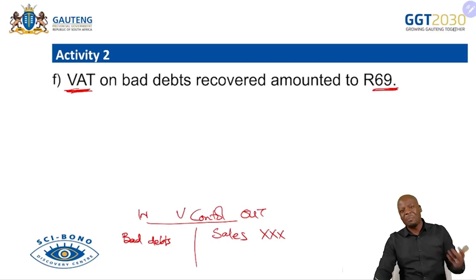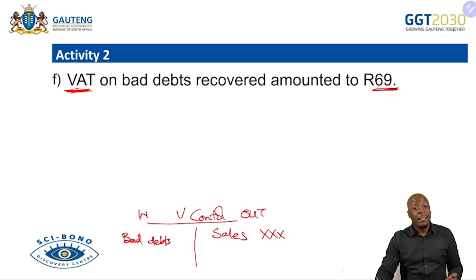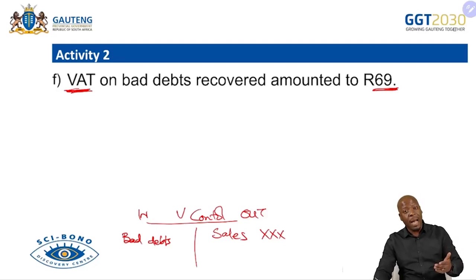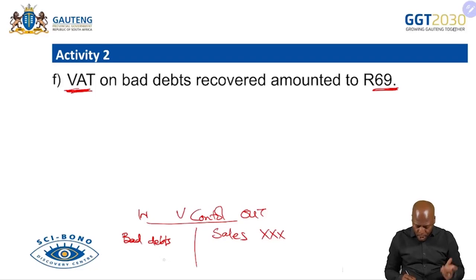And then something again happens. The debt is then recovered. That simply means we now have to reinstate the amount that is due to SARS. In other words, the amount that was due to SARS that we had reduced, we now have to increase again. So it would mean we had bad debts of 69, and therefore the bad debts recovered now becomes 69.